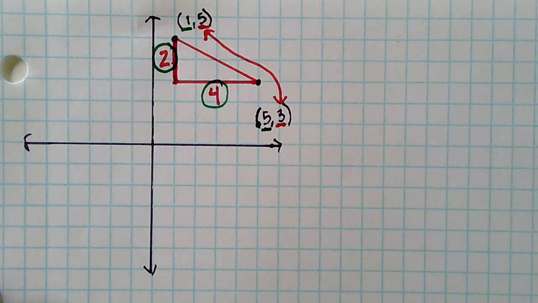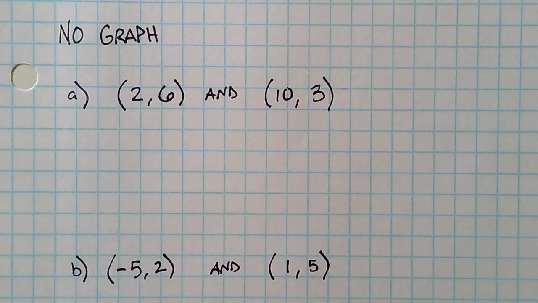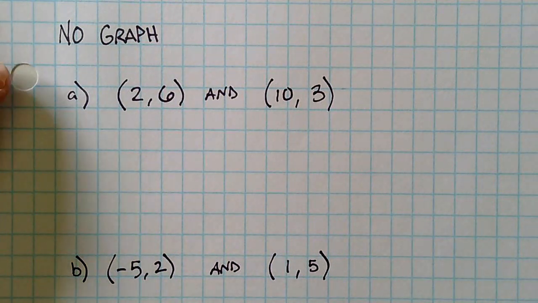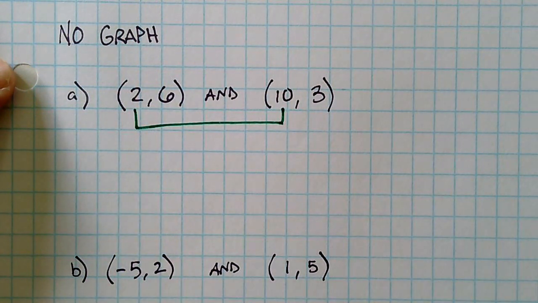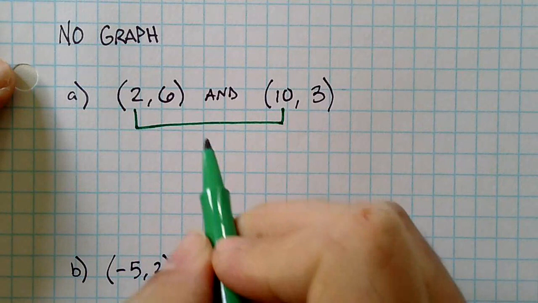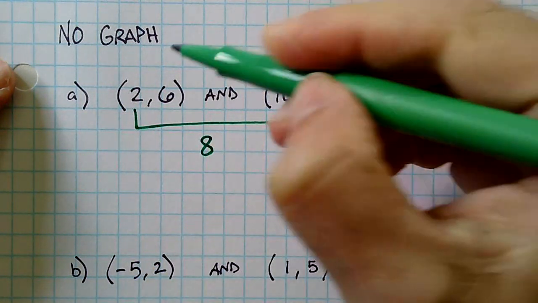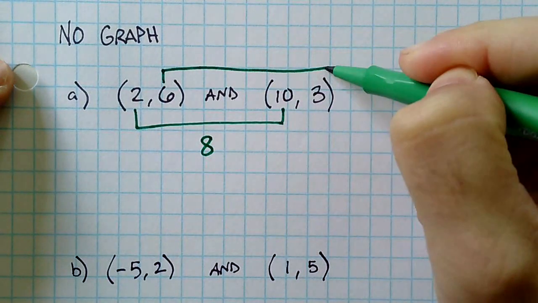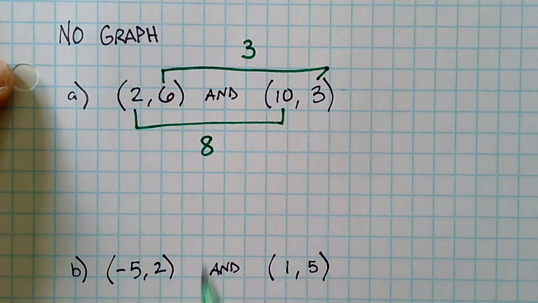So let's look at how we would do this with points. We have no graph, and we're not going to draw one. We're just going to do it straight from the points. How far apart are 2 and 10, the x values? 10 minus 2 is 8. Then how far apart are 6 and 3? They're 3 apart.